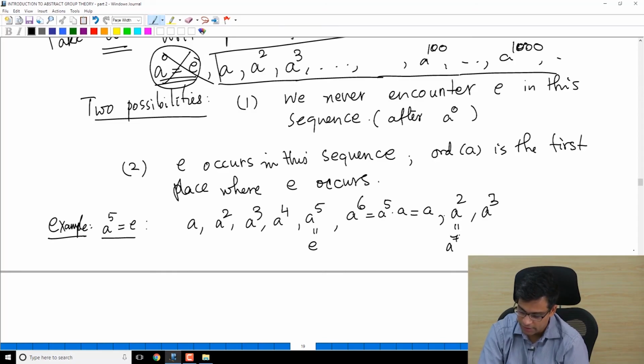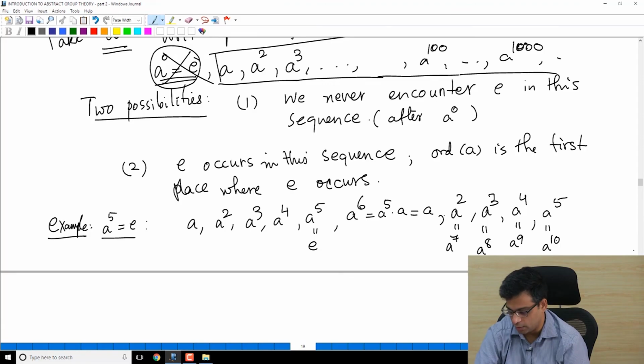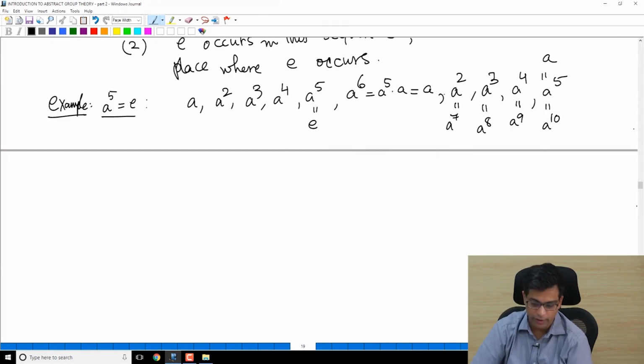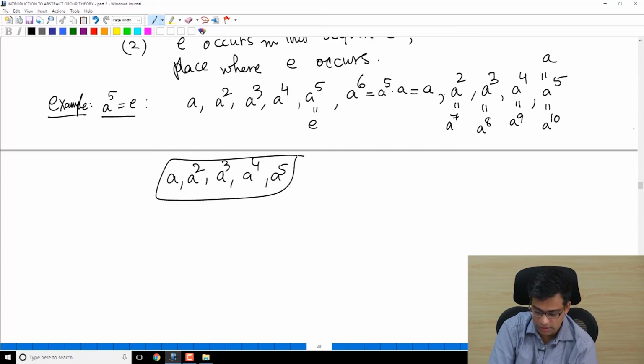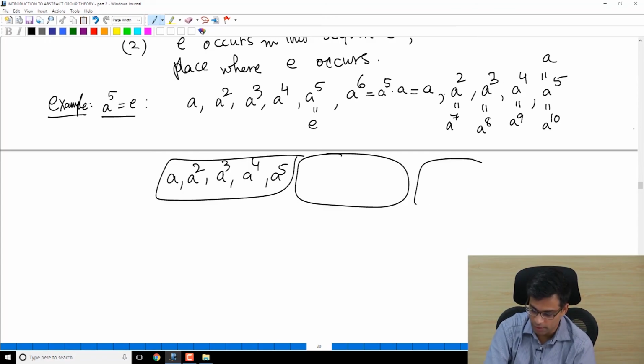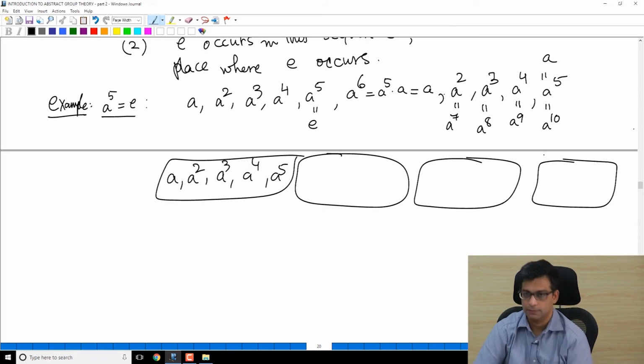Then A squared, A cubed. This is same as A power 7, this is same as A power 8, A power 4 is A power 9, A power 5 is A power 10, which is again equal to E. So the sequence is just repetitions of this block, this segment keeps repeating forever.